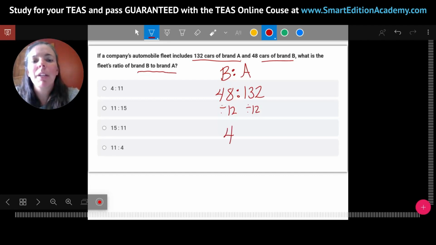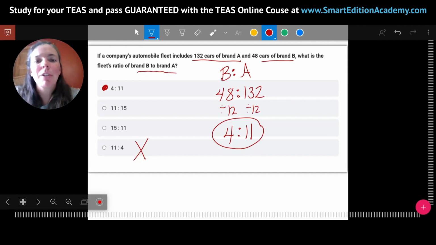So if I divide by 12, I'm going to get 4 to 11, which would be option number 1. And notice how, of course, that order is very important. 11 to 4 is not right. That would be the ratio of cars in brand A to brand B. So just really close reading is helpful here, making sure you put things in the right order.